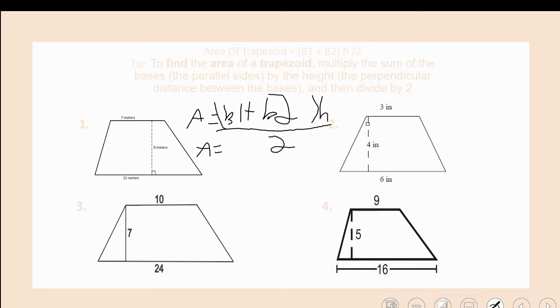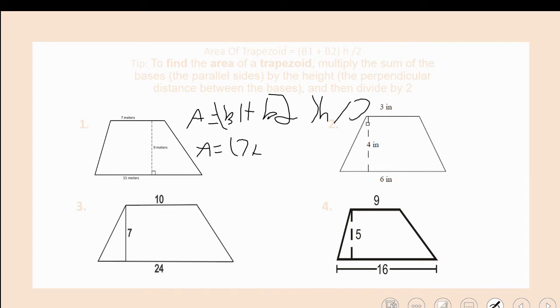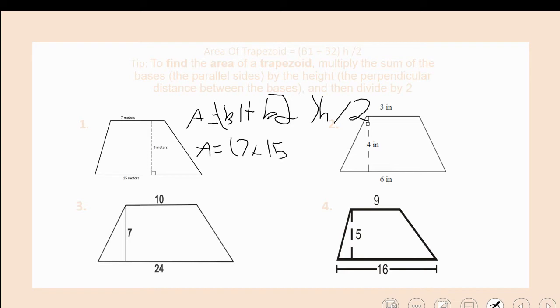So base 1 equals 7, plus 15, which is base 2.